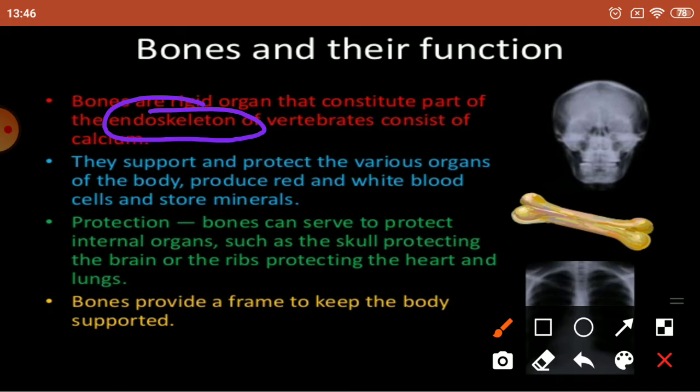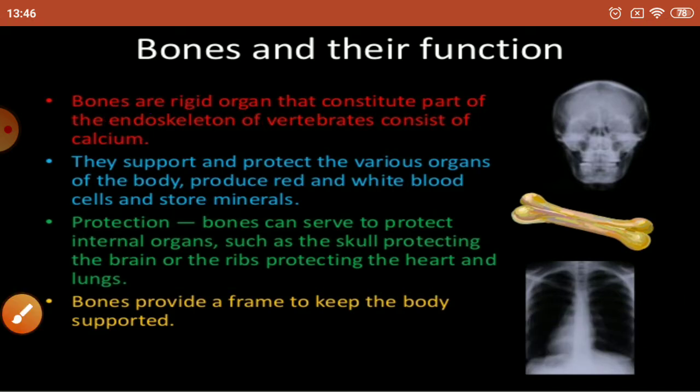These bones are present inside the skin in case of vertebrates, so we call such a skeleton an endoskeleton. Bones are rigid parts because they give stiffness and firmness to the body. They constitute a part of our endoskeleton in vertebrates, and mainly contain calcium as their core element.